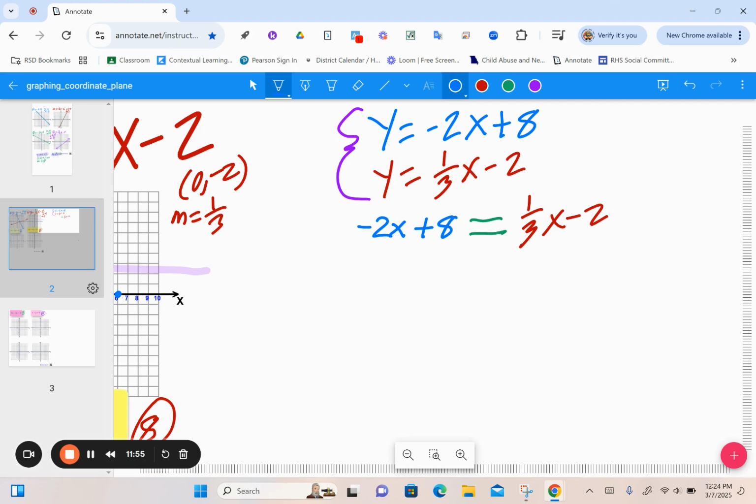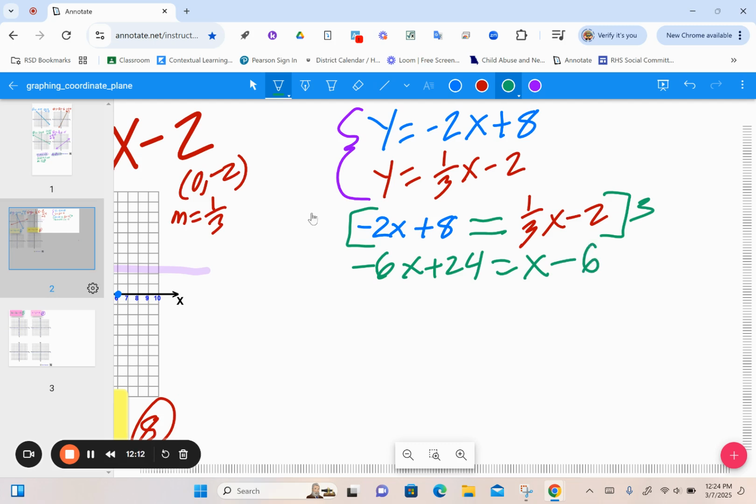-2x plus 8. I don't like having the fraction, so I'm going to multiply through by 3 and get -6x plus 24 equals x minus 6, because 3 times a third is just 1, so 1x.